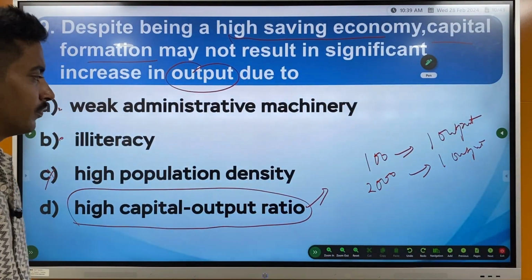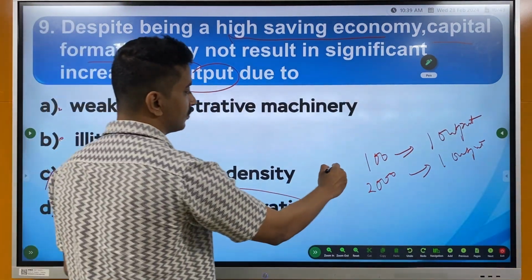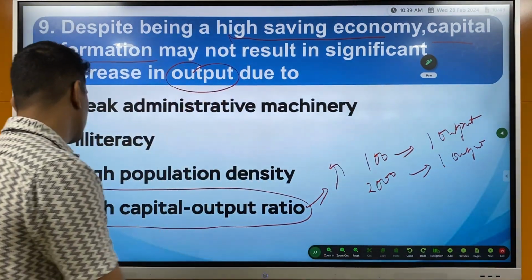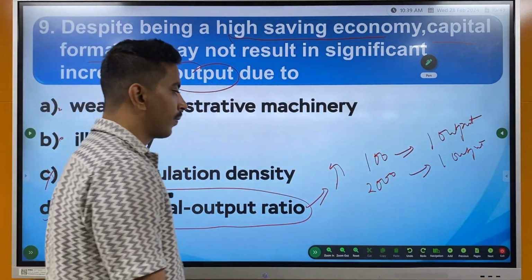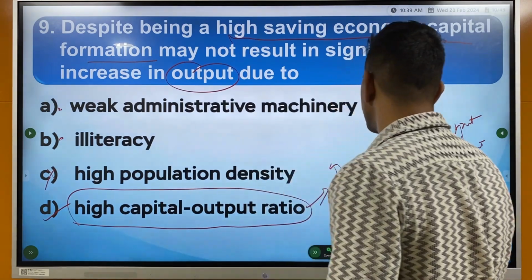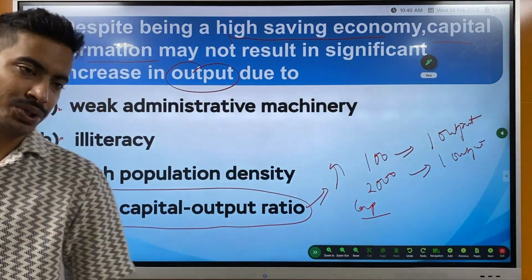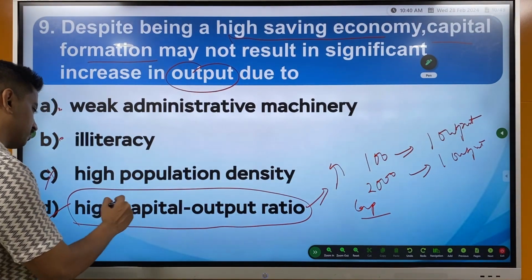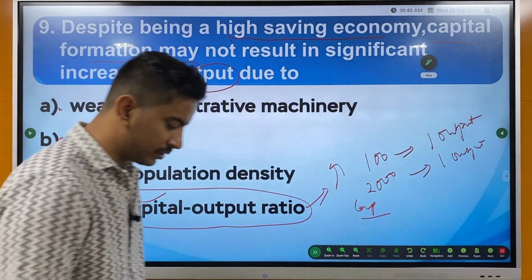The amount we require to produce this output is very high. So this is the reason. The right answer is high capital output ratio. Just going by the words only, you can understand. They have asked about the capital output ratio multiple times in past UPSC exams.